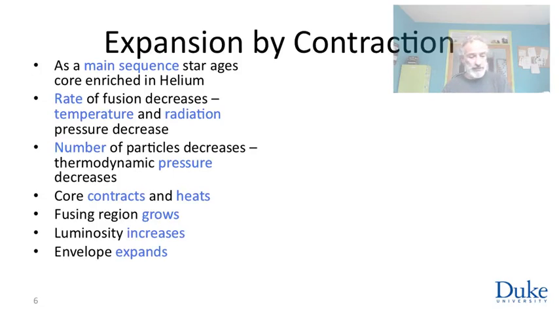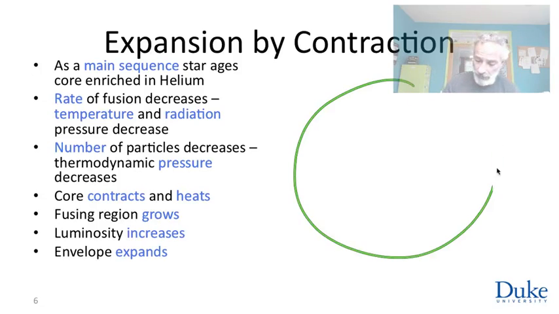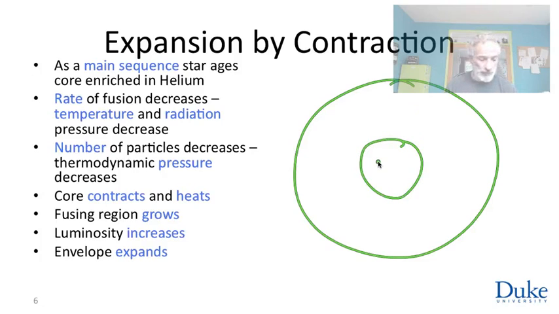So what that means is that if you have your star over here and the core in there, there is more and more helium in the core and correspondingly less and less hydrogen. This means that the probability for collision of two protons in order to initiate fusion decreases, because some of the time the protons are not running into each other, they're running into helium atoms, and in the Sun they do not have enough energy to actually fuse effectively with helium.